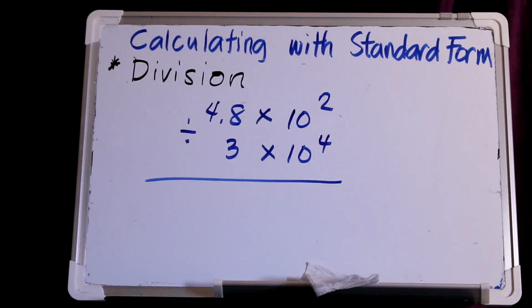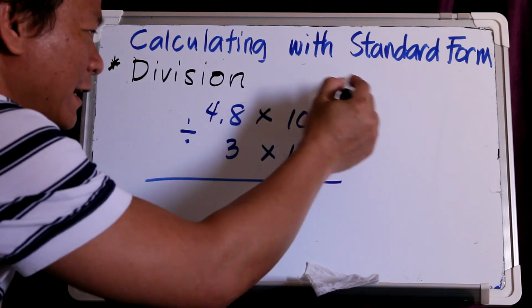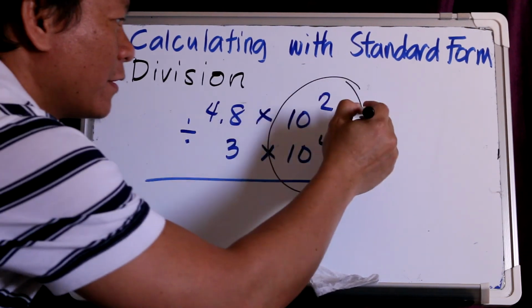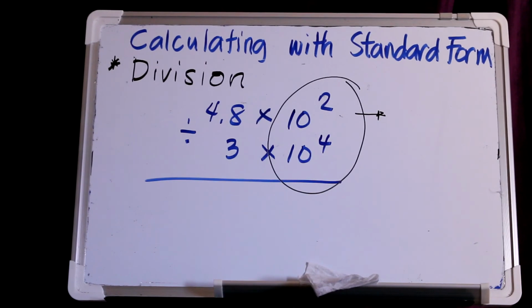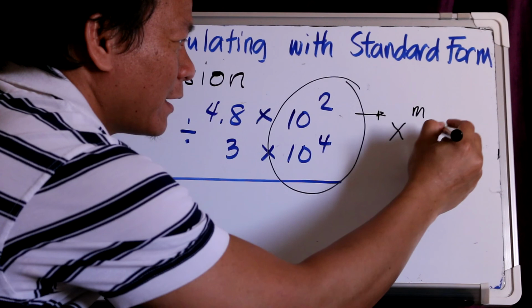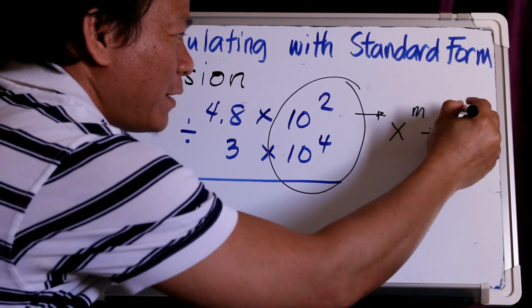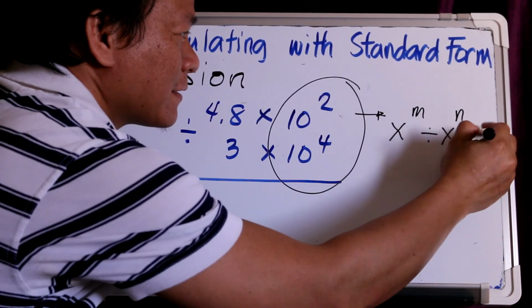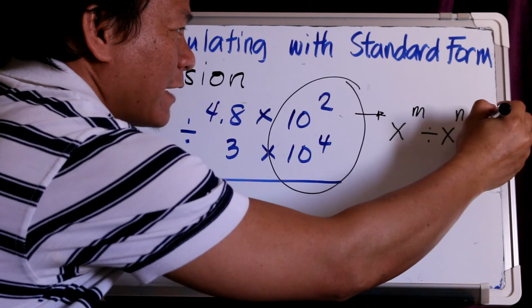To divide standard index form, the indices will follow the law of indices for division, which means x raised to the power m divided by x to the power n equals x to the power m minus n.